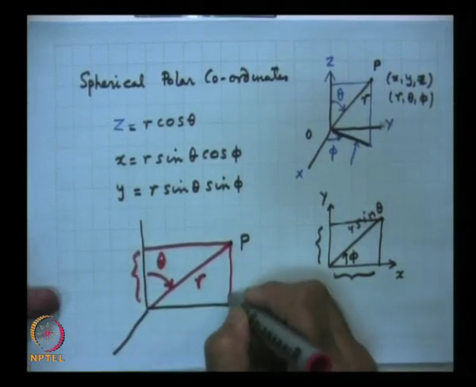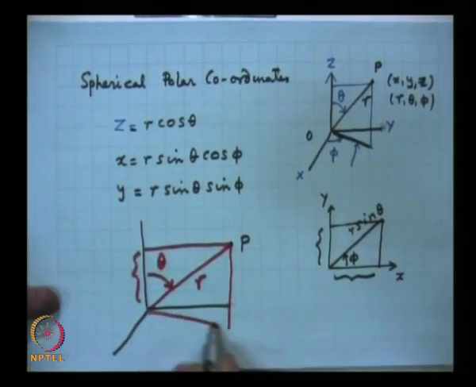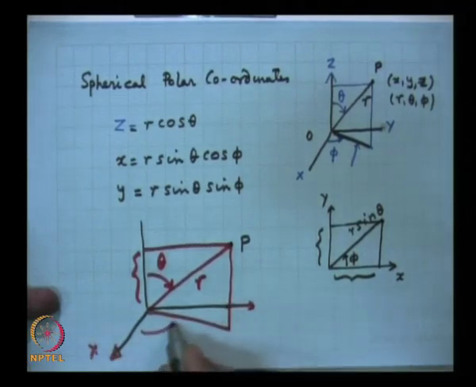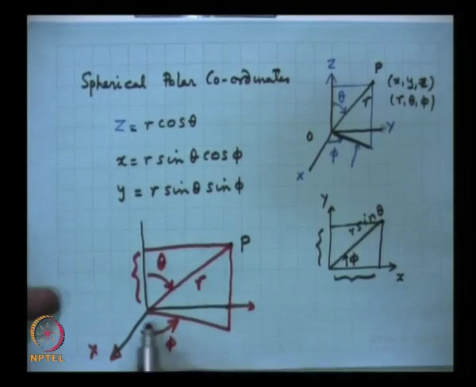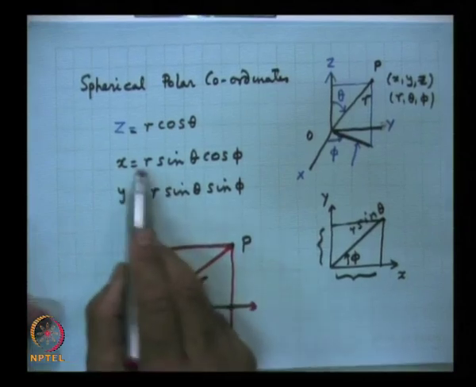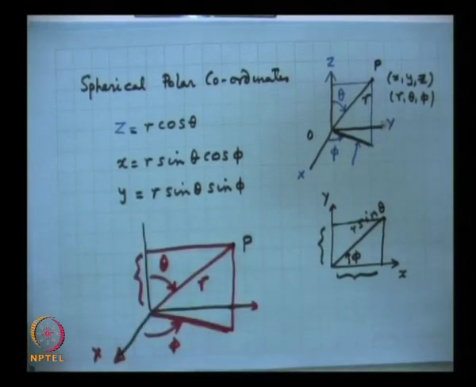Then I drop a perpendicular on the xy plane, this is my x axis and this is the y axis. This angle is phi and this side is r sin theta. So, the x coordinate is r sin theta cos phi and the y coordinate is r sin theta sin phi.